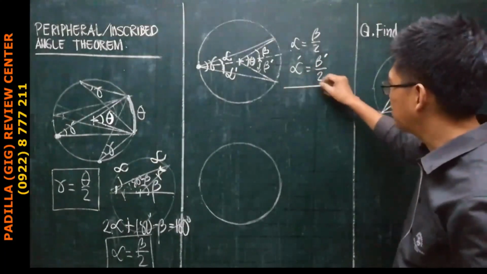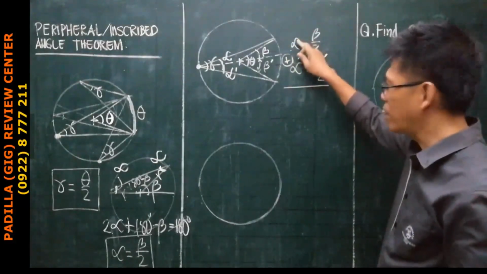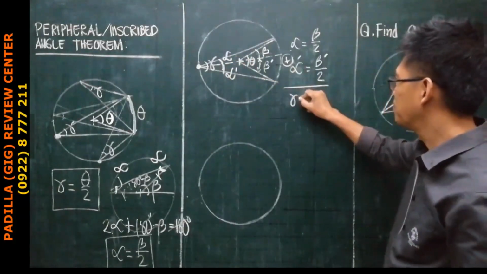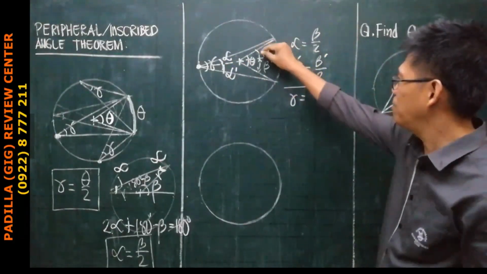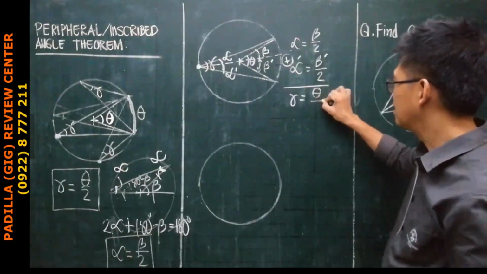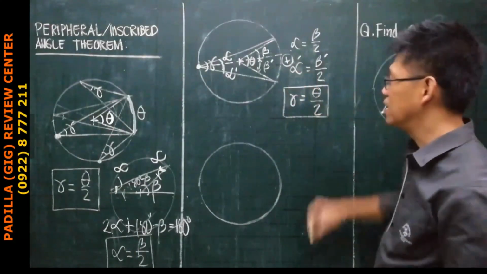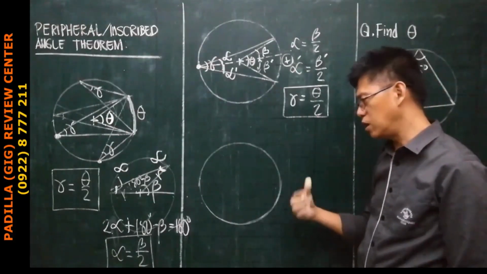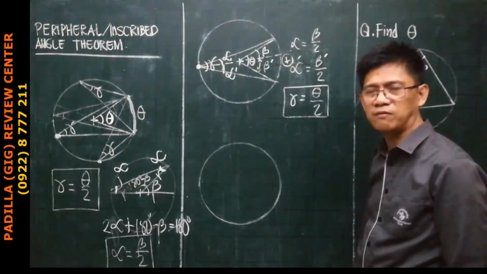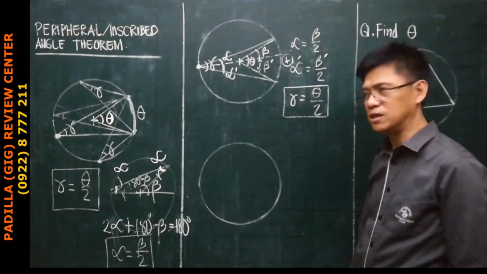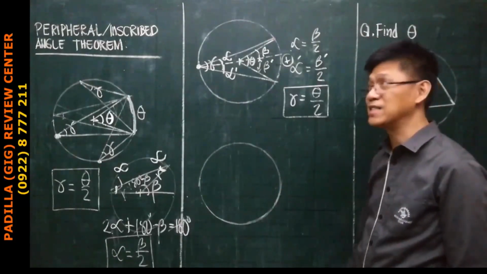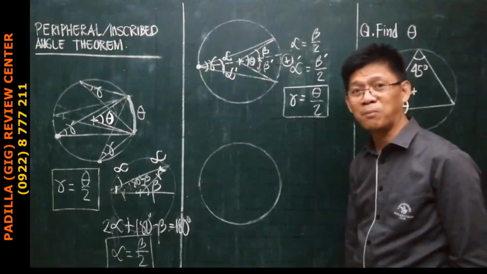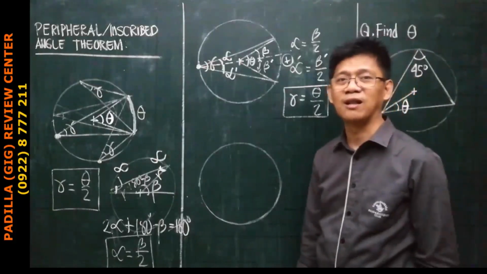If I add them, alpha plus alpha prime is gamma, and beta plus beta prime is theta over 2. This is the peripheral angle theorem. When you notice in the figure, or even in the problem where no figure is given, that when you draw it, one vertex is on the periphery of the circle, always remember, don't forget the peripheral angle theorem.